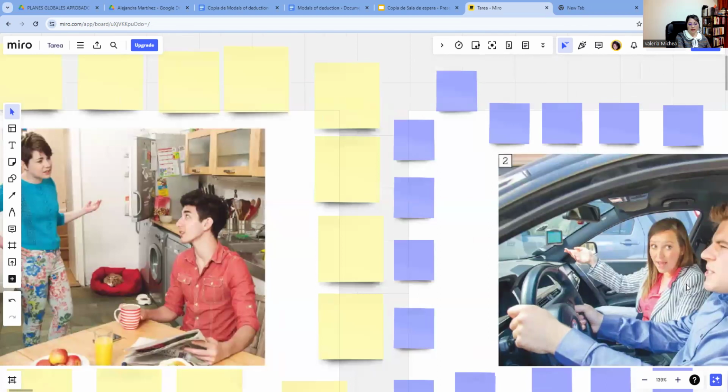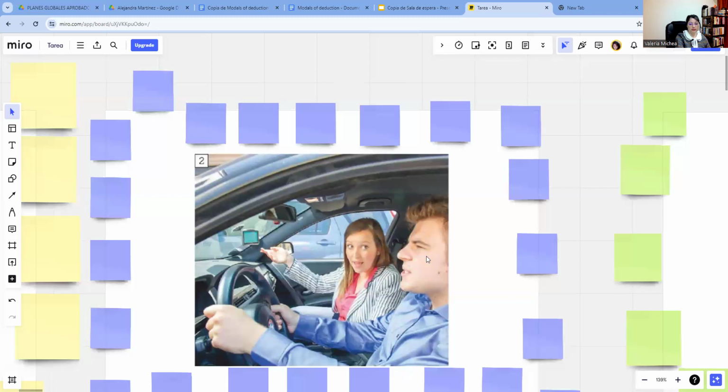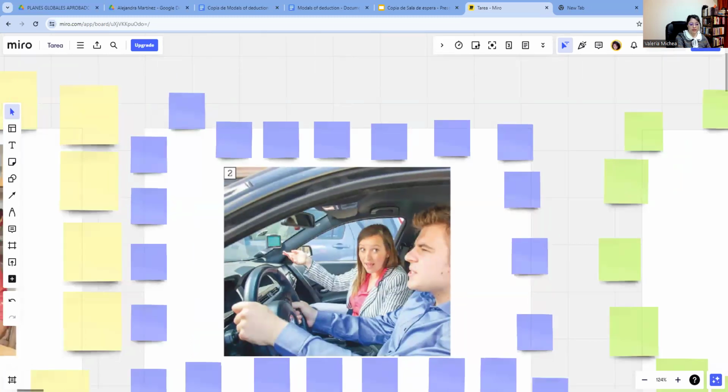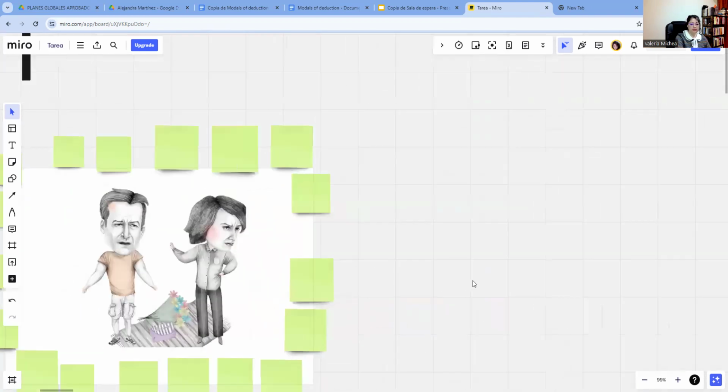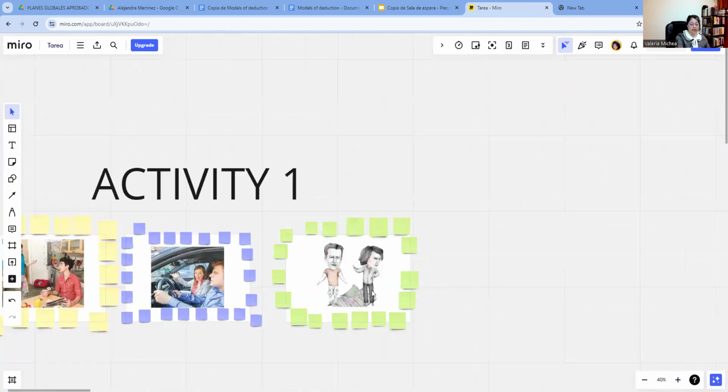A similar story with the second one, because we kind of know what happened when they were driving. In the third one, it's not so obvious, because we didn't hear or read anything, but we have an image. So just by looking at the image, we may infer some information about what happened.